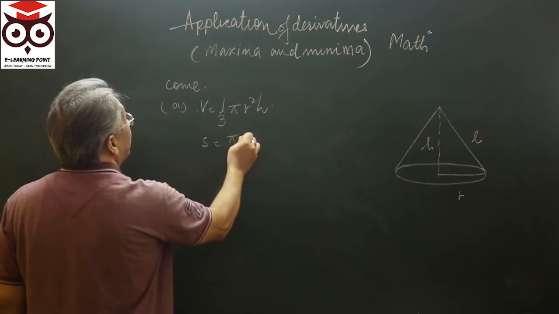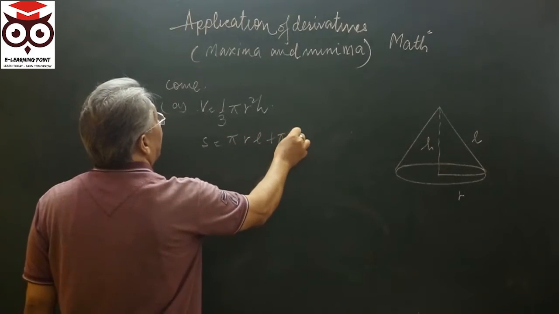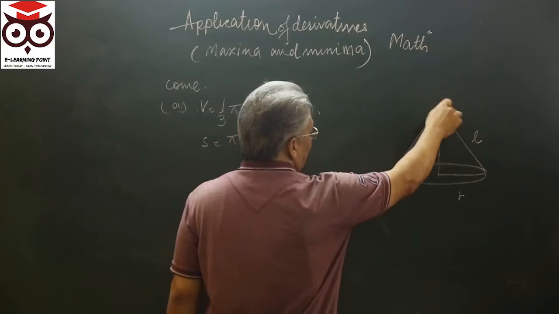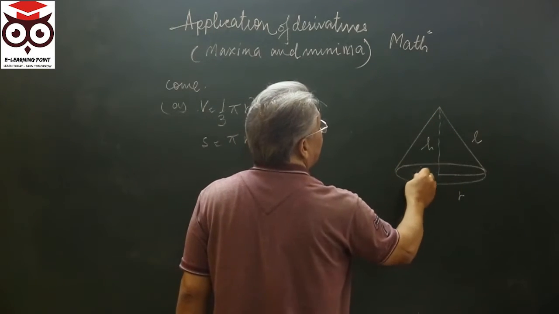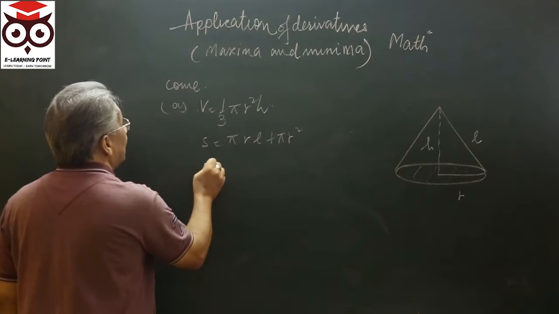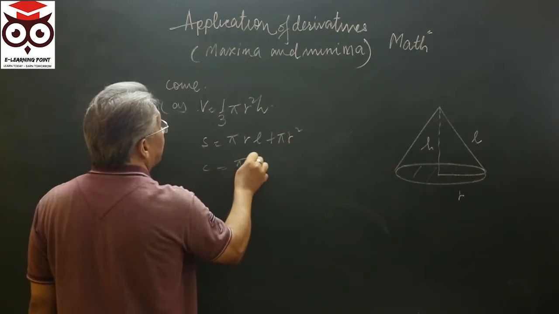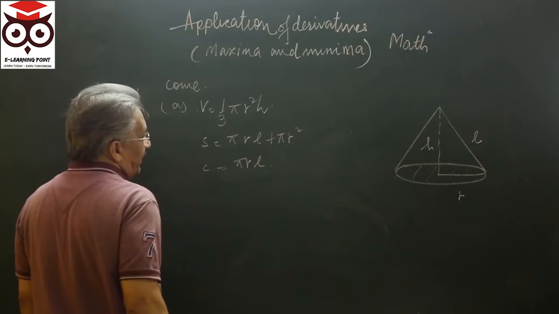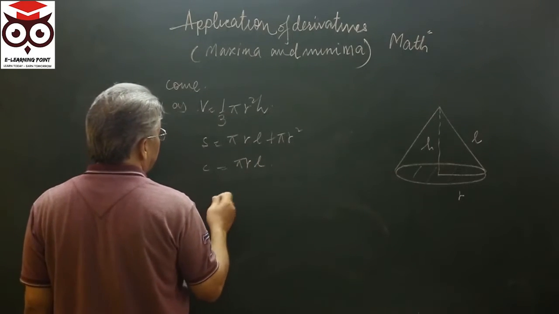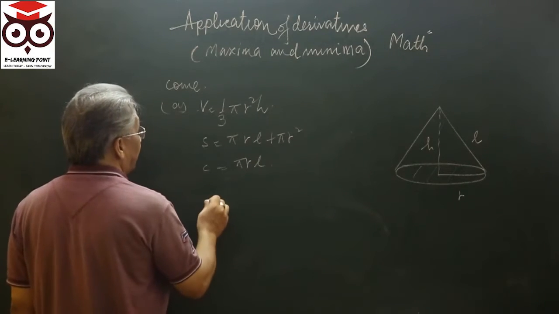Another formula is surface area. This is pi r l plus pi r स्क्वायर, यानी कि ये जो कर्व्ड एरिया है वो पाई आर एल होता है और इसको भी इंक्लूड कर दें तो पाई आर स्क्वायर. If we talk only about curved area, this is pi r l and there is some relation between height, radius and slant height.